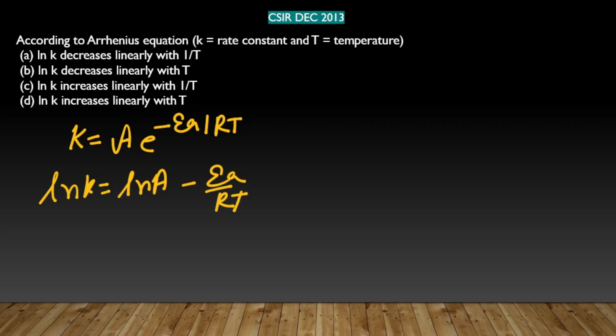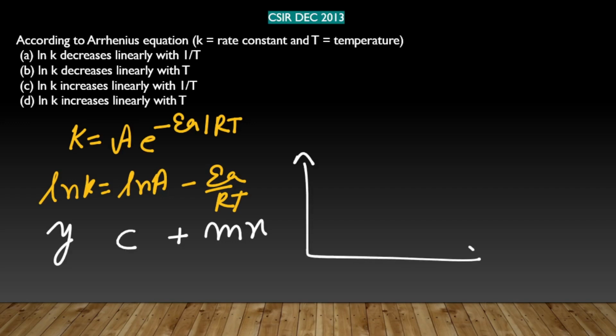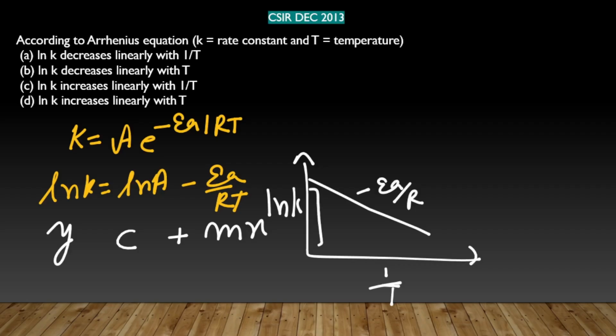So if I see a plot for natural log of k versus 1 by T, y is equal to mx plus c. So the plot we will get is like this: natural log of k versus 1 by T. With a decreasing slope, we get a straight line with the slope value as minus Ea by R, and this is the intercept value, which is natural log of A, right?